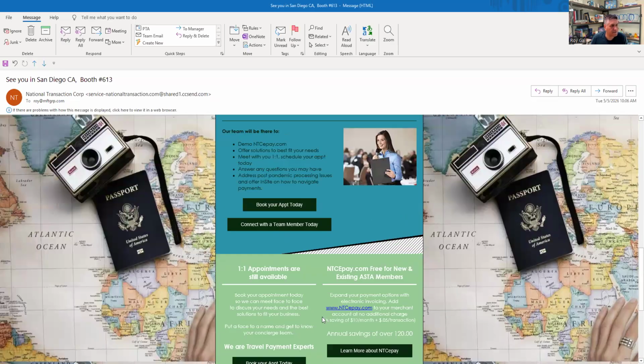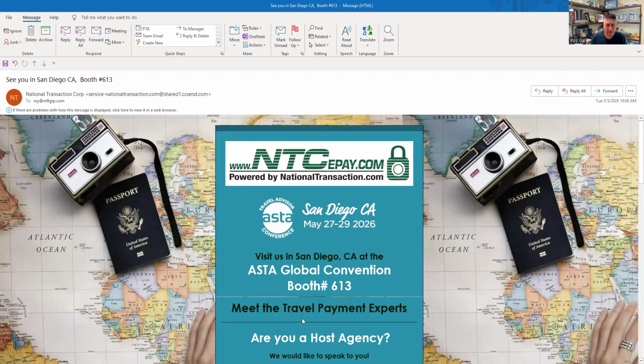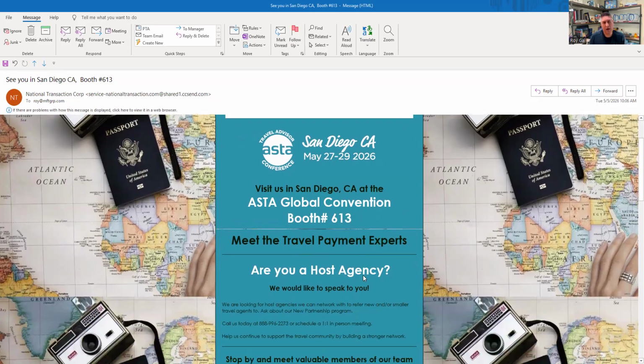Their fees are variable, so the fees are not a flat 3.5%. It depends on the type of card that your clients are using. If you have clients that are using a lot of American Express Platinum or other high rewards cards, you will have fees sometimes even higher than 3.5%.